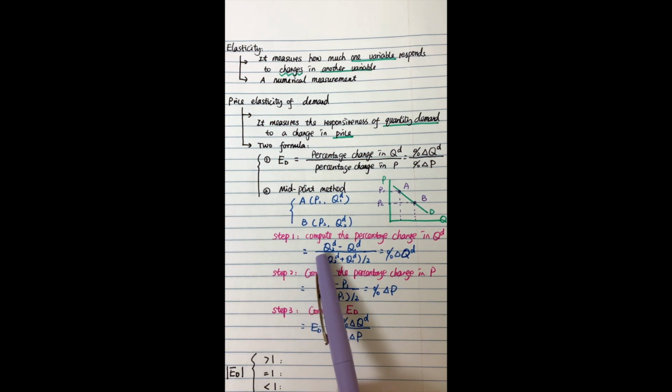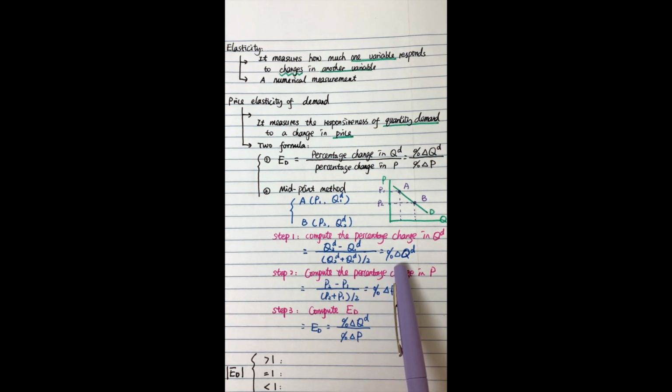You can notice we use the difference between these 2 quantities divided by the average of the quantity between these 2 points. So in this way, we can compute the percentage change in quantity demanded. And this average quantity demanded will be the midpoint of the quantity demanded.